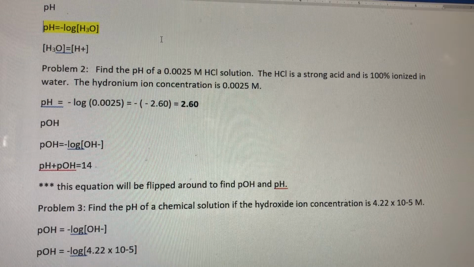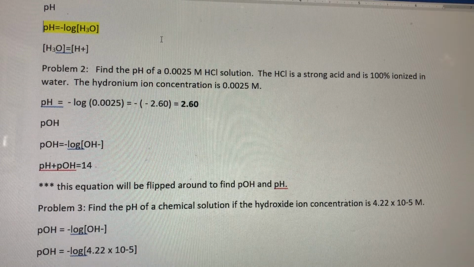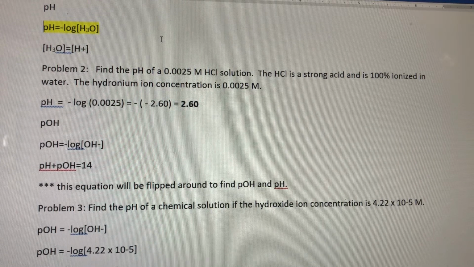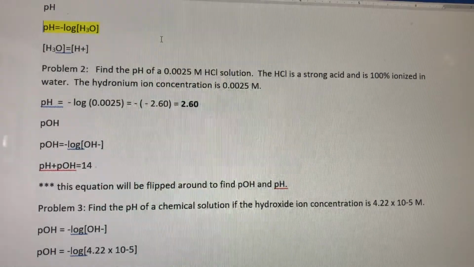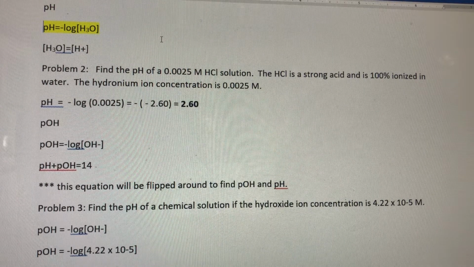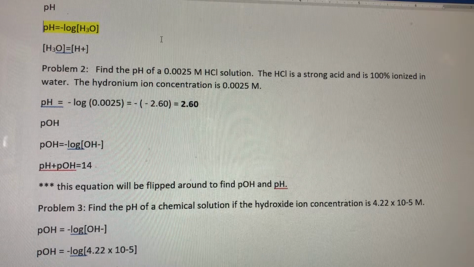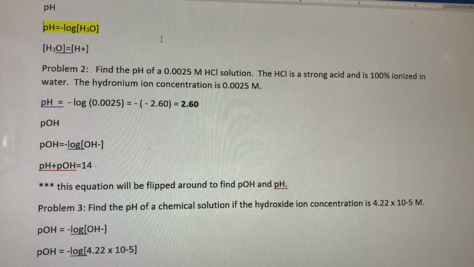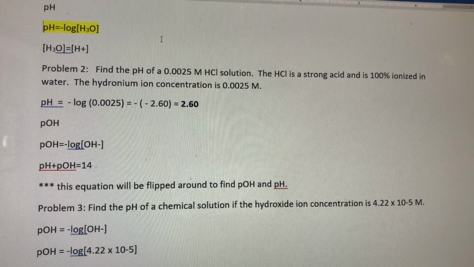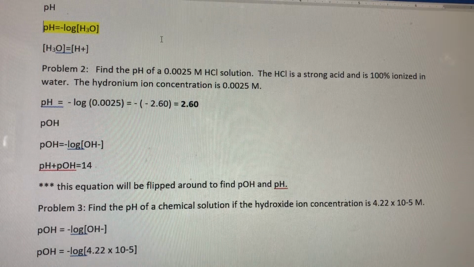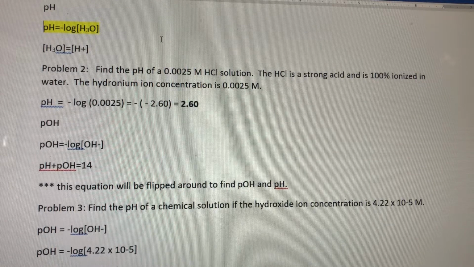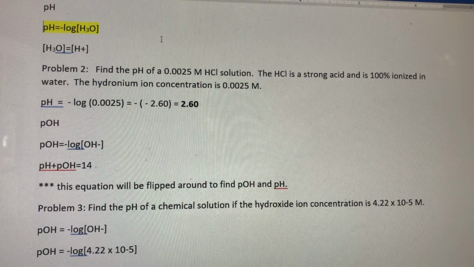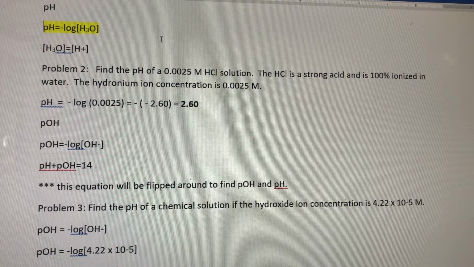It's a simple plug and chug on your calculator: type in the negative log of that, and you get 2.60. In my work, I did the log of 0.0025 and got negative 2.60, and then I add in the negative, and two negatives make a positive, so that's how I got it positive.